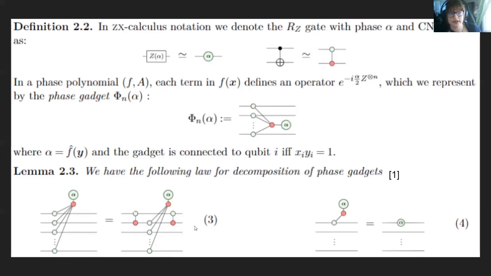And given this rule, it can easily be shown that the opposite is also true. And this right rule shows that if you have a phase gadget that's only connected to a single qubit, then that's equivalent to just the Z rotation gate that we see here before, right? Okay, and that's what we're going to be using for the remainder of this talk.